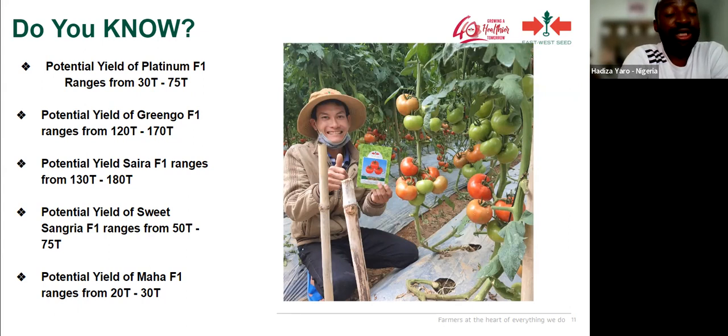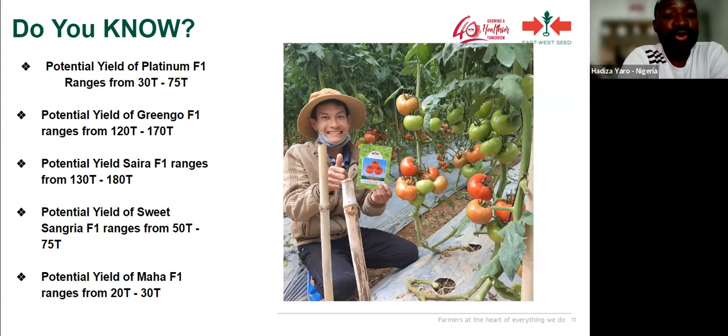And when I said under good management, it implies all the agronomic practices, good seeds, which is the Platinum, good practices in terms of fertilization, in terms of watering, in terms of pests and disease control.